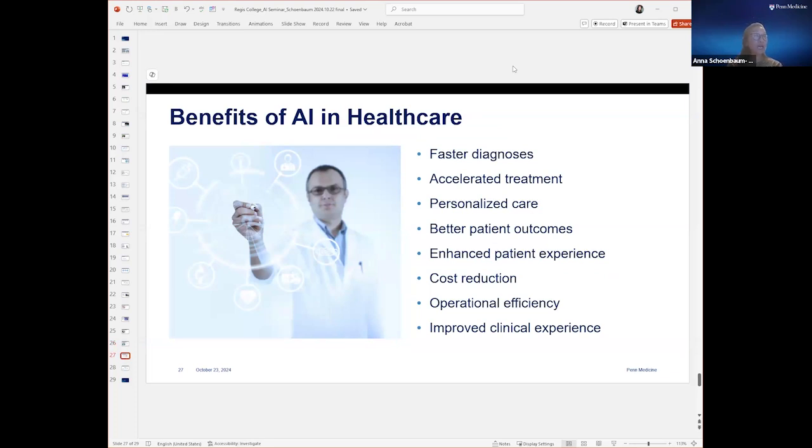Also, we want to rationalize our solutions, so we want to have cost reduction. And at the end of the day, all we want is to improve our productivity and our efficiency and reduce our cognitive burden. And in the end, to make sure that our clinicians have an improved clinical experience. And hopefully with all this, it's really simplifying care delivery for better patient outcomes.